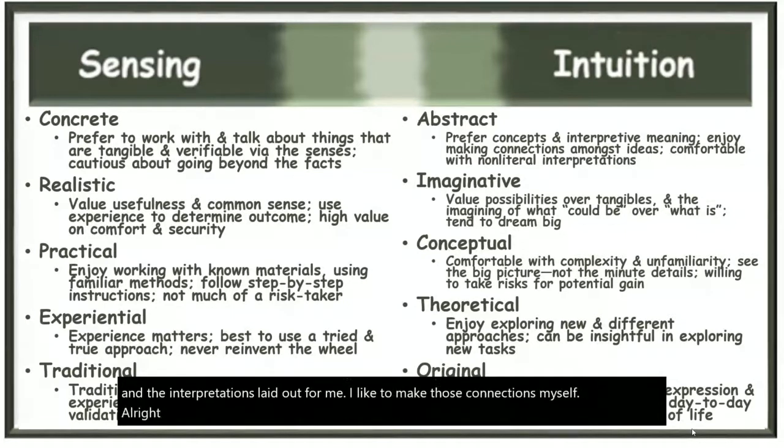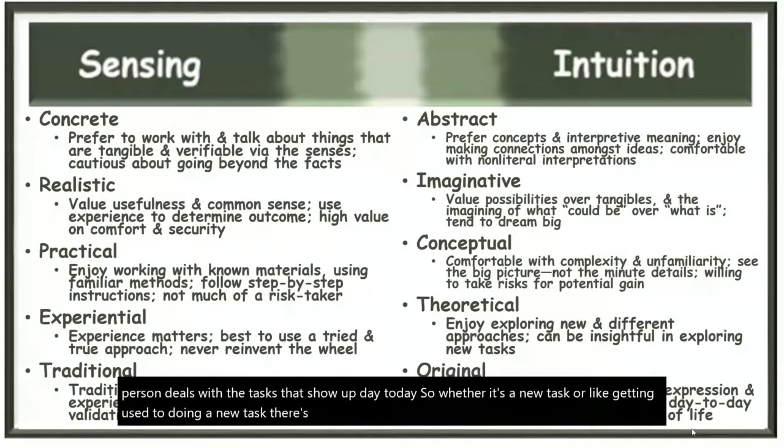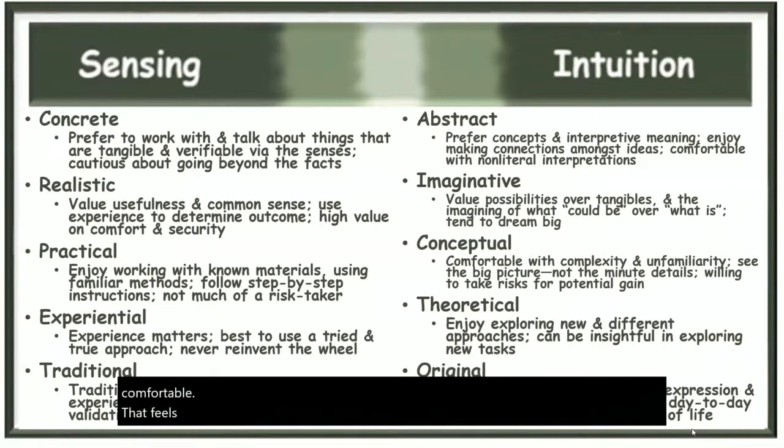All right, the realistic and imaginative type is all about developing new things and how a person deals with the tasks that show up day to day. Whether it's a new task or getting used to doing a new task, there's the realistic approach, which is all about common sense, experience, comfort, and security. The realistic type likes to do things that feel comfortable and secure, not thinking outside the box too much with new ways of doing things.